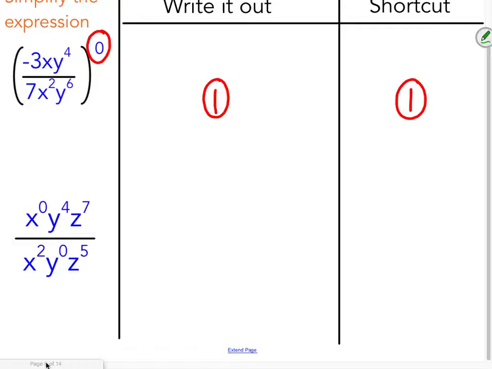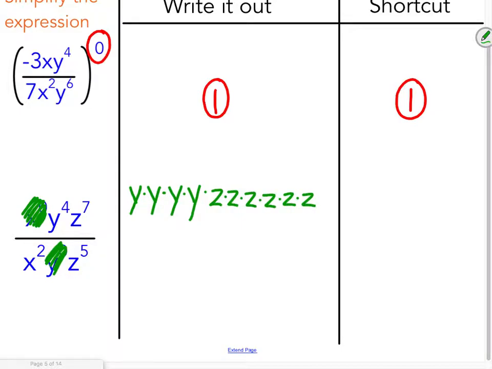And our last one, x to the 0, y to the 4th, z to the 7th, over x squared y to the 0, z to the 5th. So my first step, I see some 0 exponents, so I'm just going to completely get rid of those. 4 y's, 7 z's, 2 x's, and 5 z's.